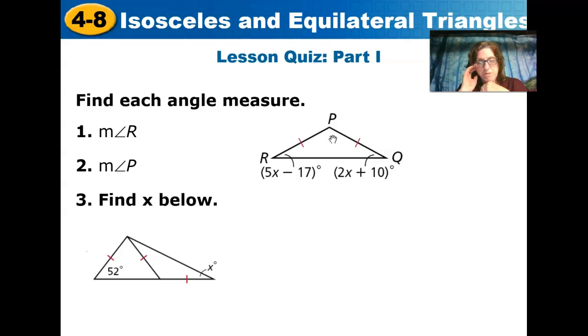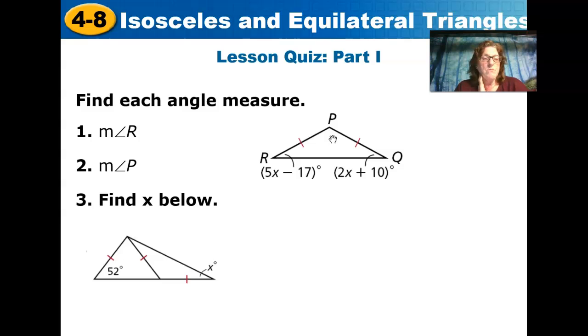So here's some problems to wrap up the section. Put the video on pause and solve these problems. For number 1, I hope you set up the two equations equal to one another. And x is going to equal 9, and the measure of angle R is equal to 28.